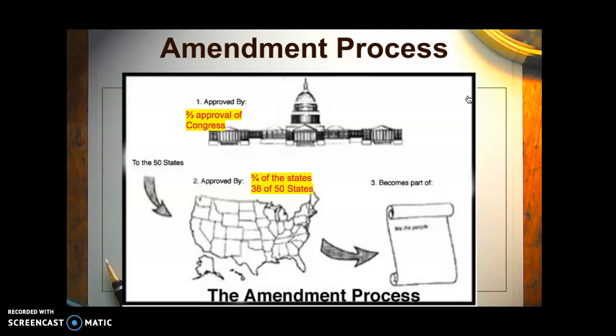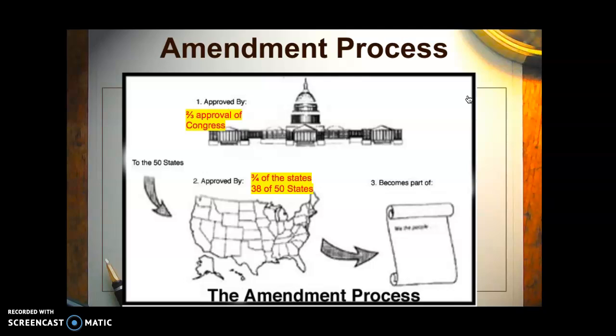Now, this process is made intentionally difficult. Only 27 amendments have been added to our Constitution since 1791. That's intentional, that it's made difficult. And the reason being, our founding fathers did not want people to get caught up in emotions, overwhelmed by emotions or changes that are happening in society, and then really quickly want to change the Constitution, because once it's changed, it's really difficult to unchange it.